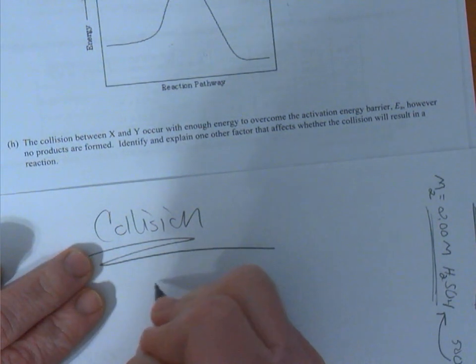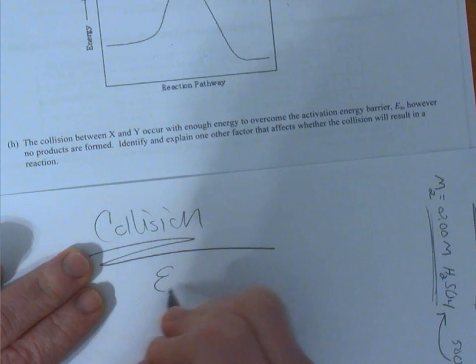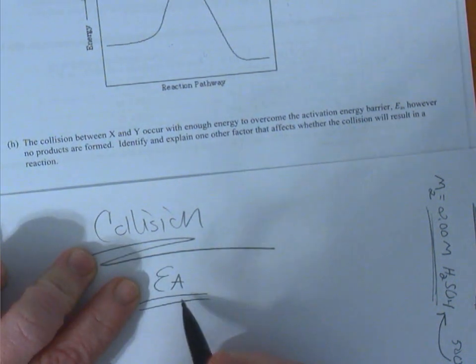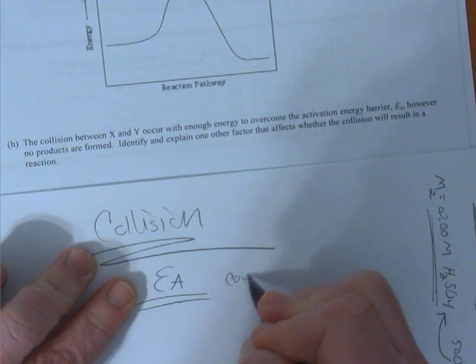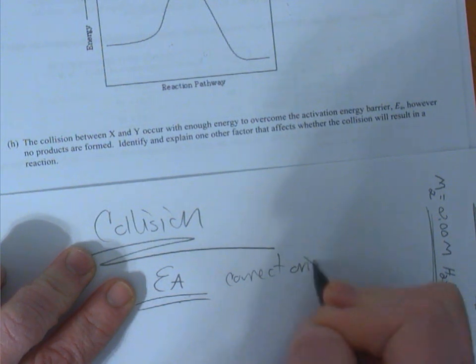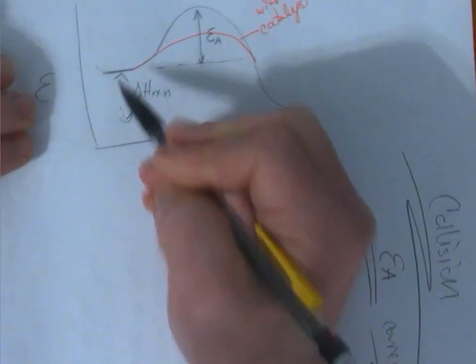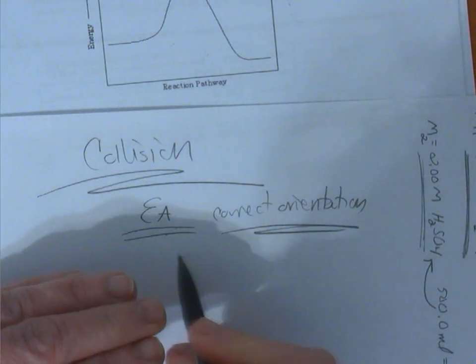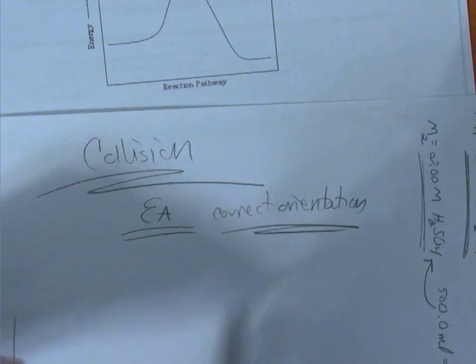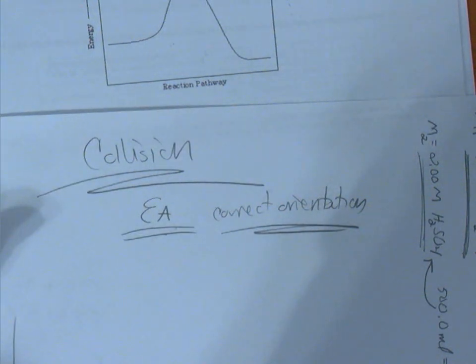Remember, it's not just coming together with sufficient energy. They need to have correct orientation. So it could be that the molecules are overcoming the activation energy, but they're not colliding as they need to in order to break bonds or form the activated complex or something else.